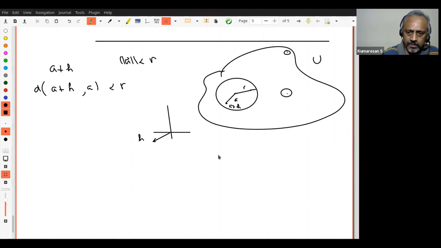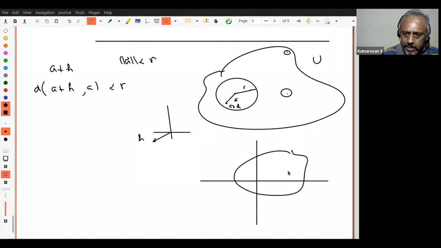If you have a problem, look at R2. I have a vector A, and my H is going to be, let us say, h comma 0. This is the vector A comma B, therefore this will be A plus h comma B. And if my H is vertical, it will be A, B plus k.